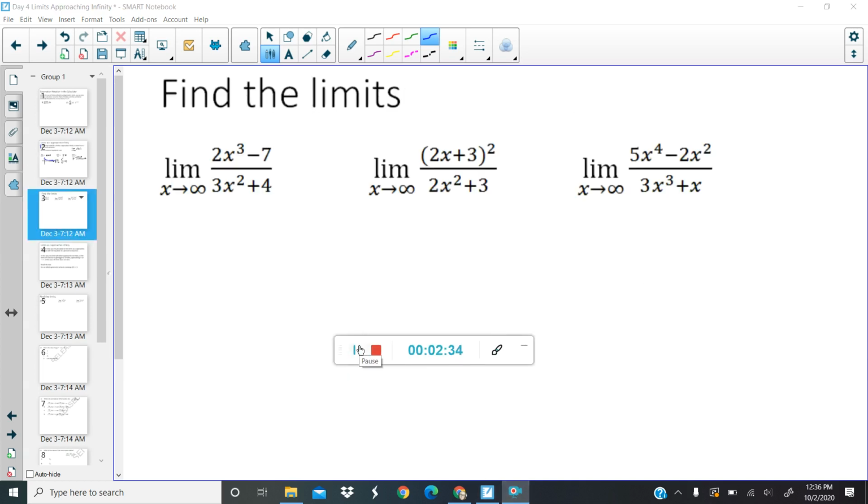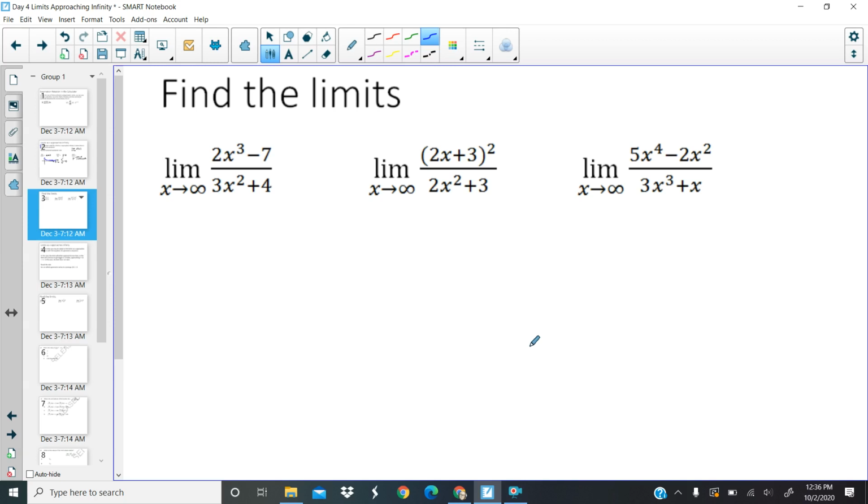So then I want to find the limits for these three problems. Keep in mind it's basically like finding the horizontal asymptotes. Starting with the first one, we have 2x cubed minus 7 over 3x squared plus 4.